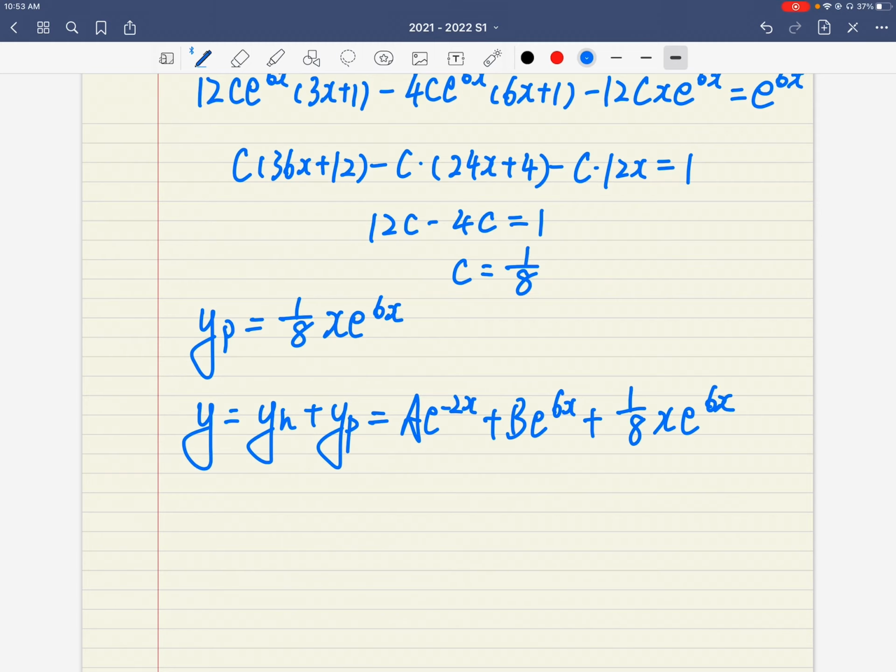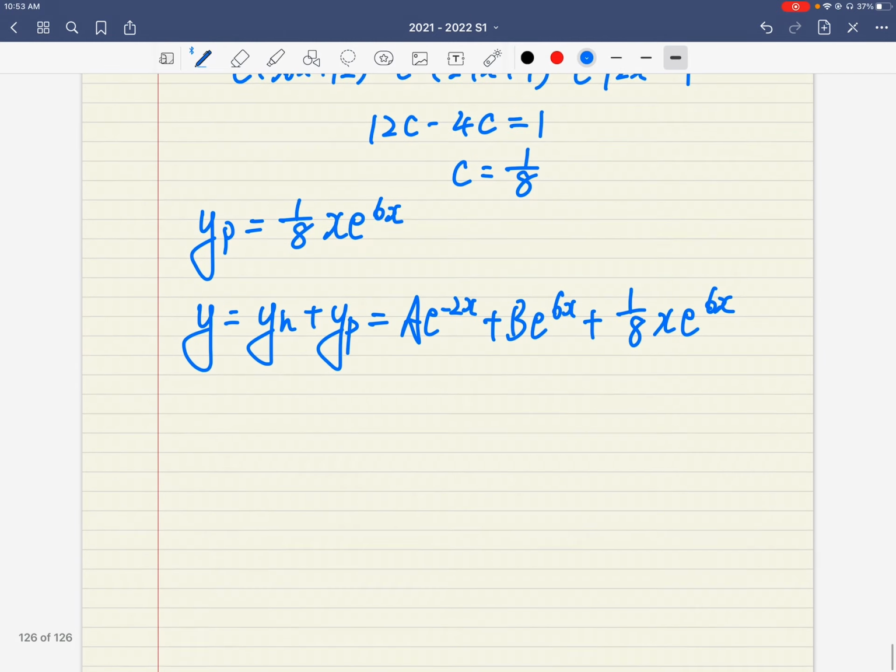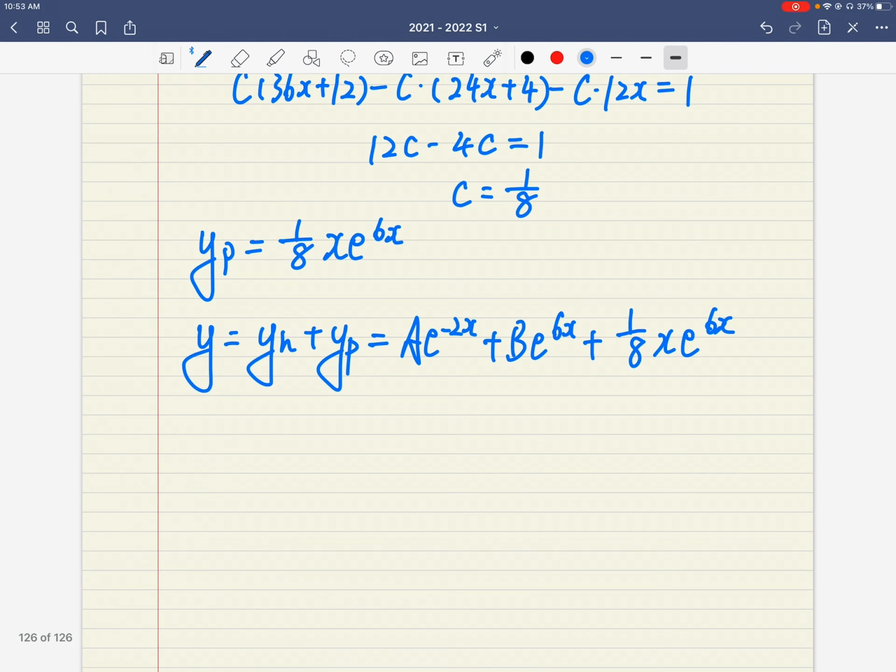Okay. So again, same steps to solve the question, just the calculation is more complicated.